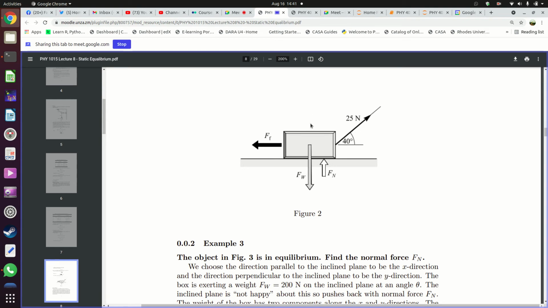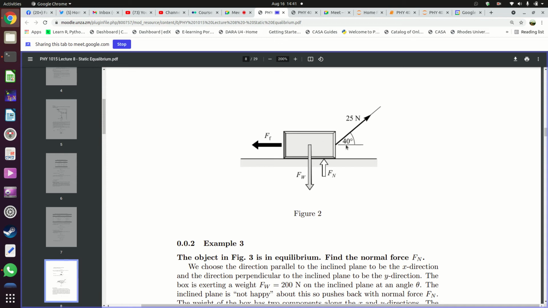When you draw an xy plane over this particular object like this, if you choose up and down to be your y-axis, then this left and right is going to be your x-axis. So you draw an xy plane over this box. The y-axis is going to be in this direction, and your x-axis is going to be in this direction.